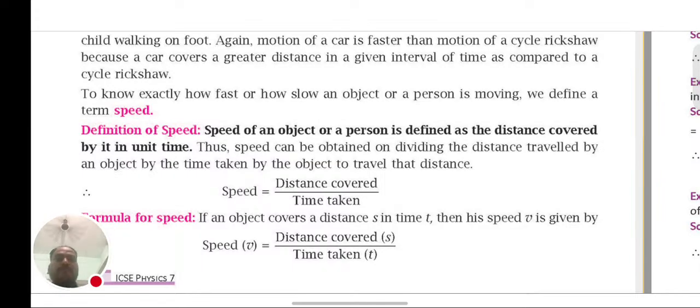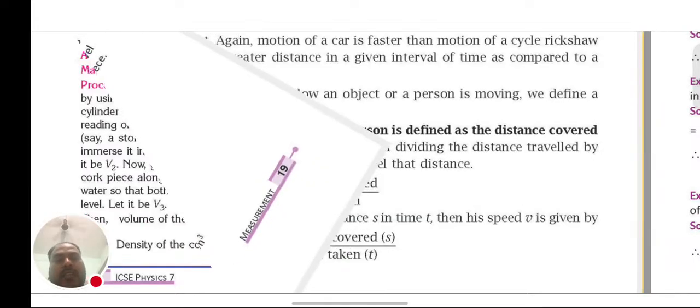So the speed formula is the distance covered divided by the total time taken. Here we represent speed with the small letter v, distance with the small letter s, and time with the small letter t.